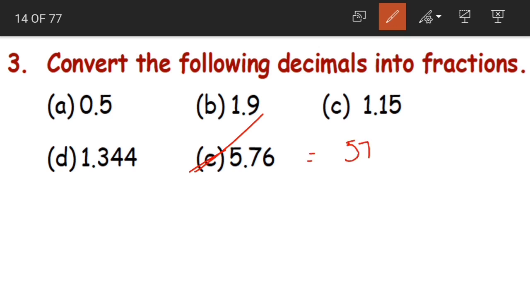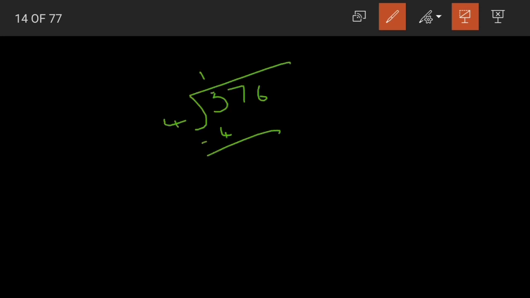Now coming to the next question, 5.76. It will be 576 divided by 100. Yes, we are having 2 decimal places, so 2 zeros. Again, both of these numbers are divisible by the number 4 here. 576 divided by 4. 4 ones are 4, 1 brought down, 4 fours are 16, 6 brought down, again 4 fours are 16.